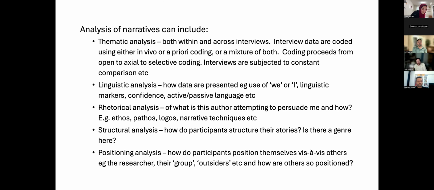And we can look, but it's also, if we actually do rhetorical analysis, it's about ethos, the credibility of the author. How do our participants present themselves as credible raconteurs of whatever they are talking about? Yeah. So that's the ethos, the credibility of the author.